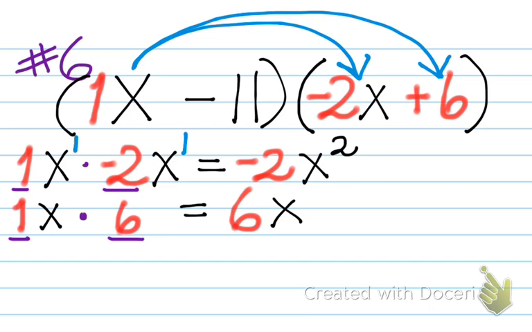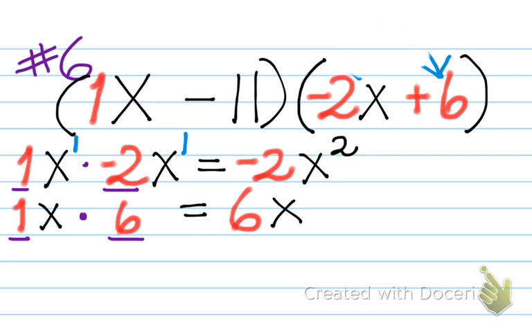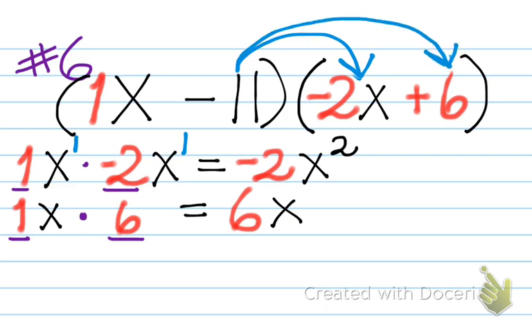Now that we're done with the first polynomial, we now need to multiply the second polynomial. Our second polynomial is negative 11 times negative 2x, then negative 11 times positive 6. We have in our first polynomial just a coefficient, negative 11.